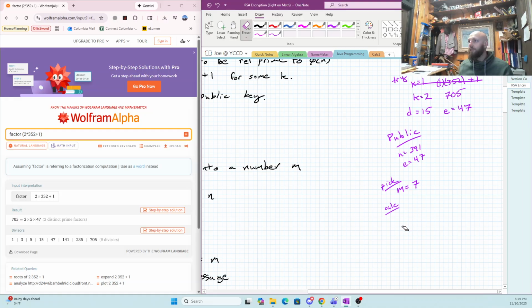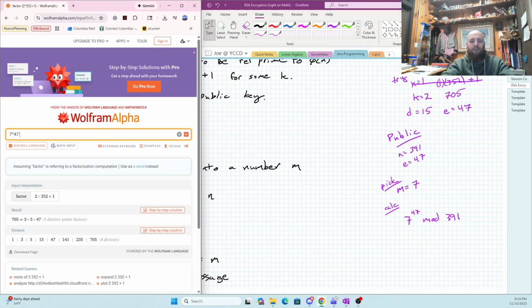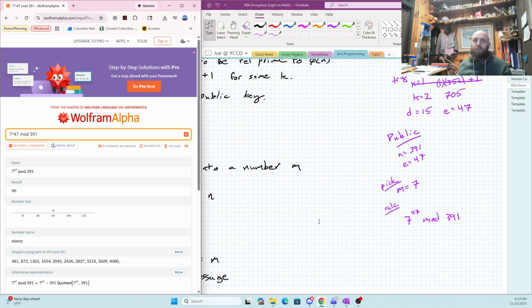So we're going to do 7 raised to the 47, and then we need to mod it by 391. So over here, I'm going to do 7 raised to the 47 mod 391. I'm going to get 90. So this is 90. That's my encrypted message.